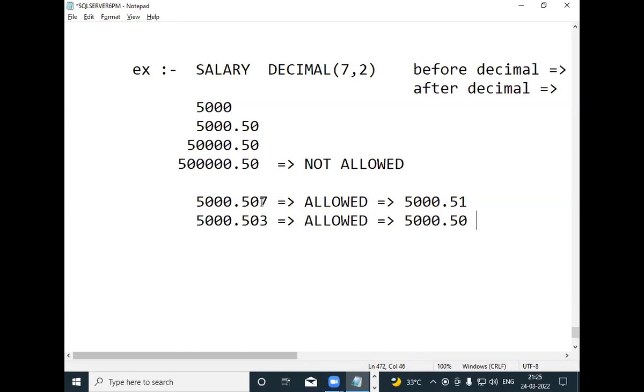If the next digit is 5 or above 5, the 0 is rounded to 1. If the next digit is below 5, it is rounded to what, sir? 0. This is rounding.